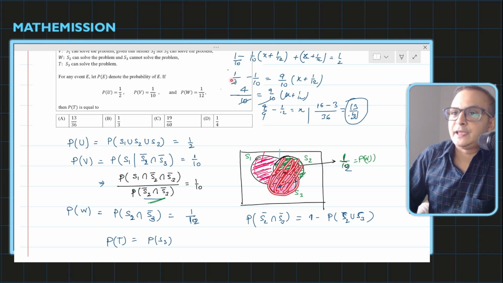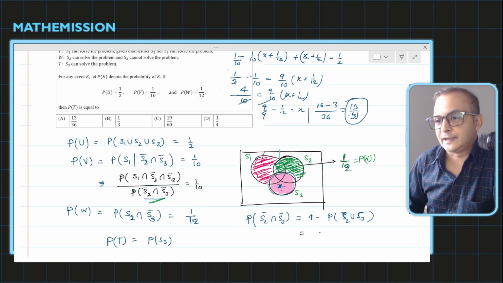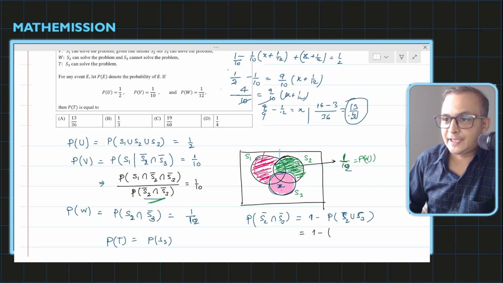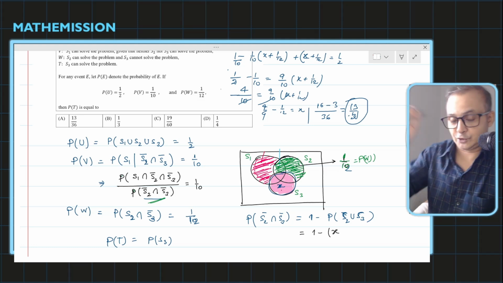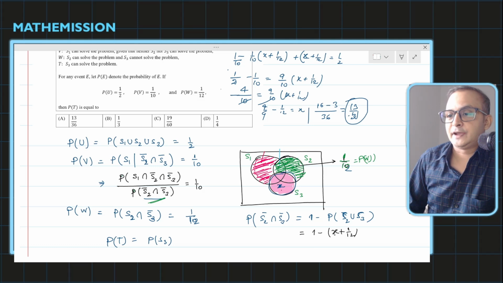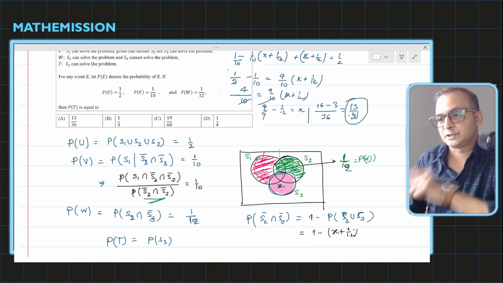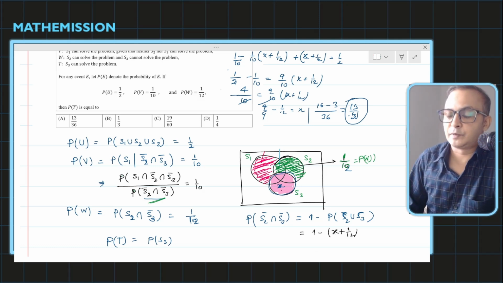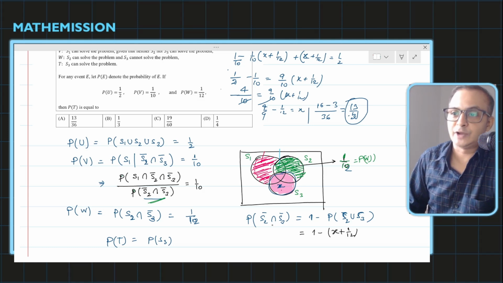If I have to find this thing, I will just subtract this X, the probability I had to find, and this 1 by 12. If I subtract X plus 1 by 12 from 1, I will get the probability of S2 dash intersection S3 dash.